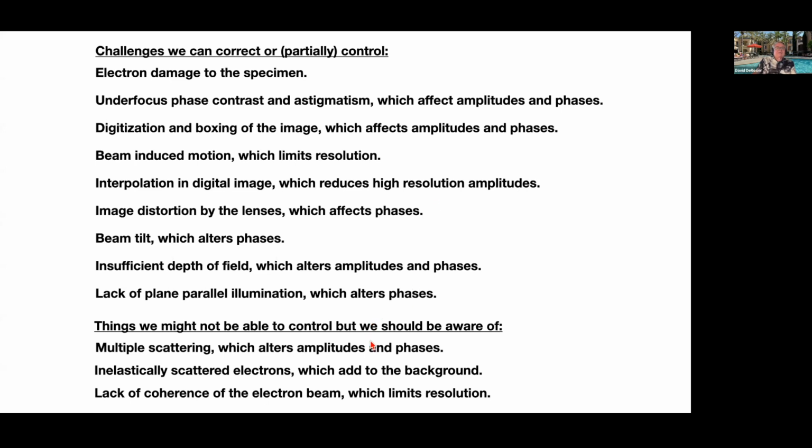Thin specimens, of course, help with multiple scattering, the energy filter helps with inelastically scattered electrons, and we now have more coherent electron beams, which are needed if you want to go down into the region below about 2 angstroms.